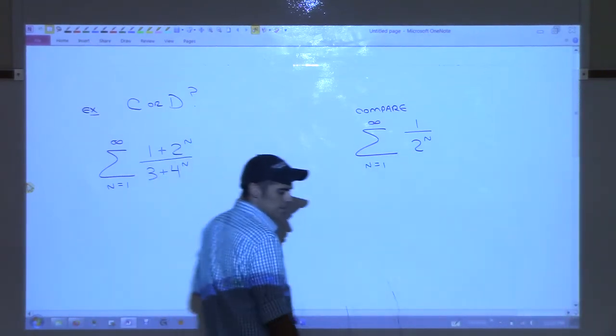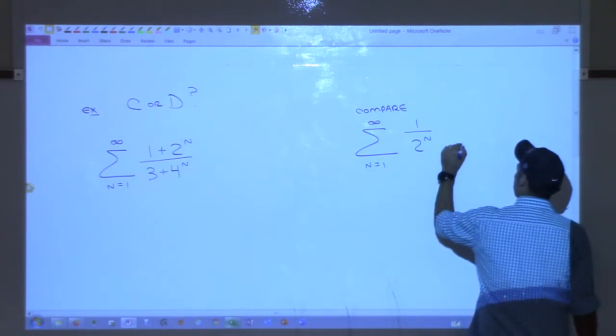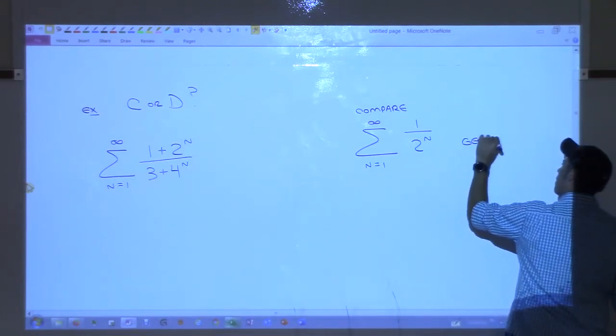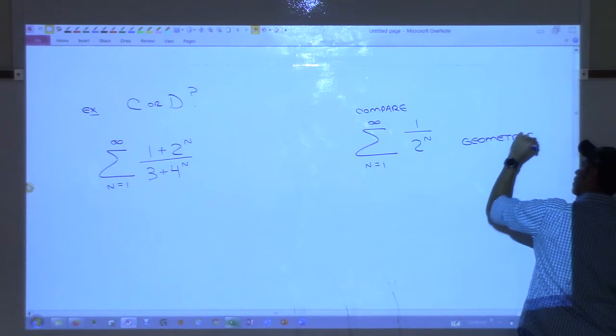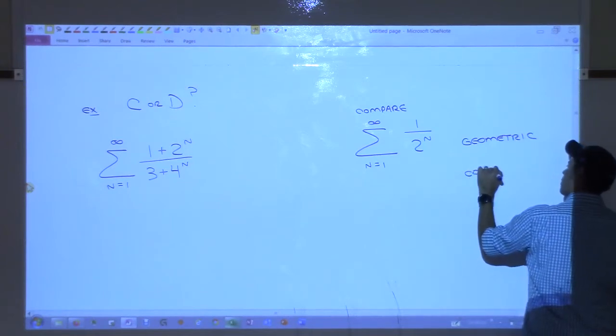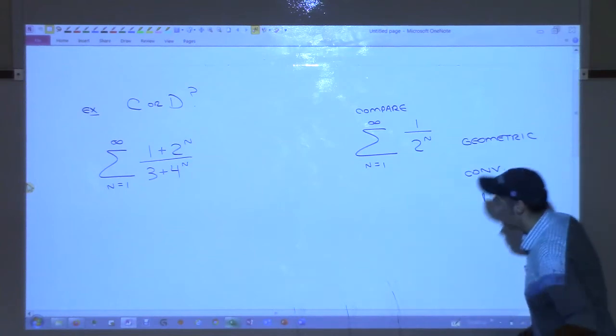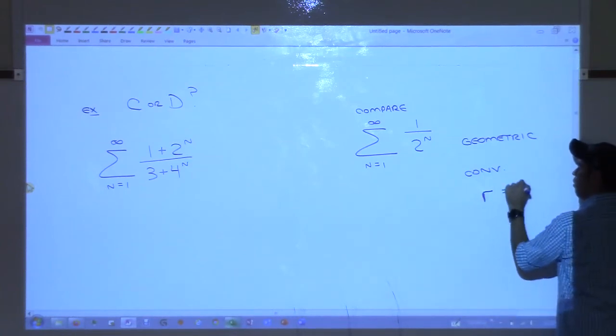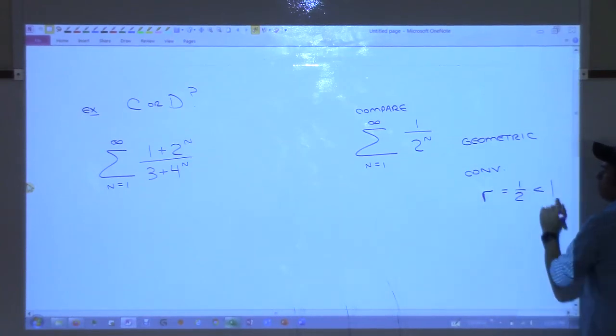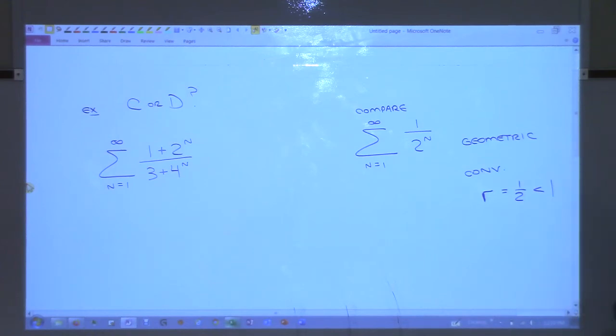So this is another geometric series. What does it do? Converges, because r is 1/2, which is less than 1. So we've got a geometric series that's convergent.